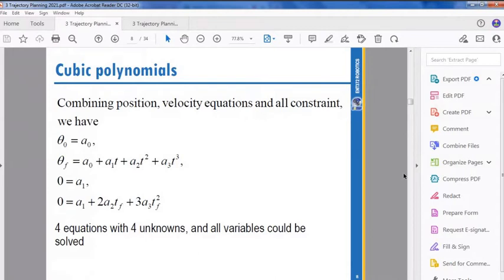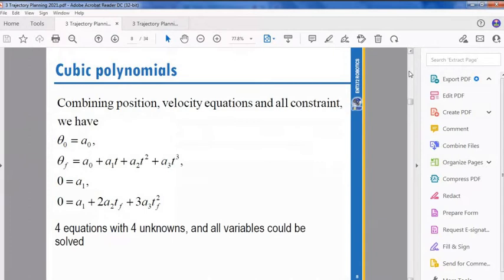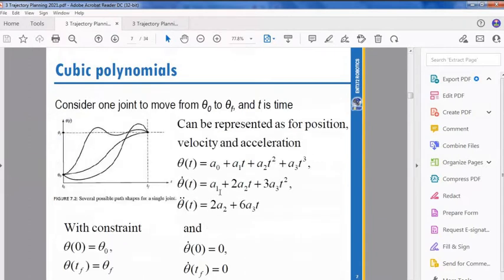Based on this equation and this information, velocity at initial or starting and final equals 0.